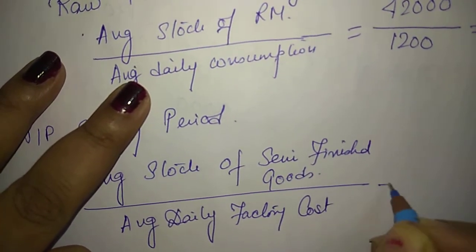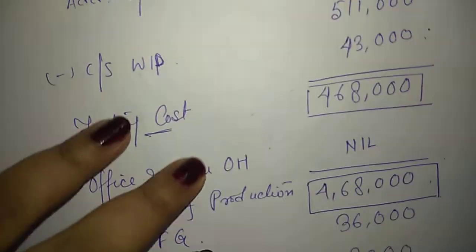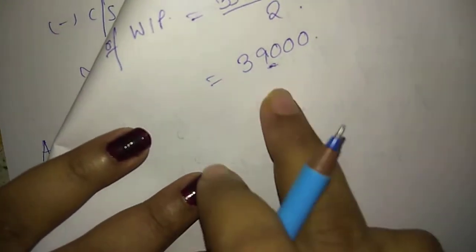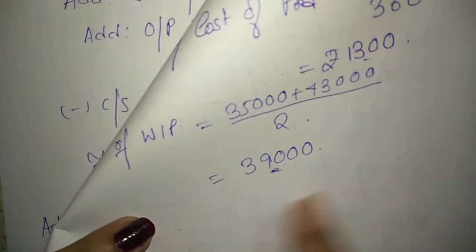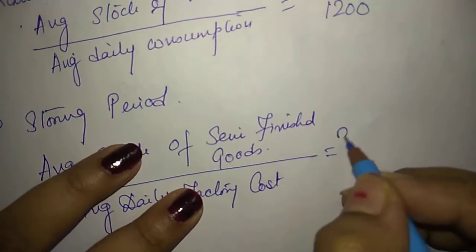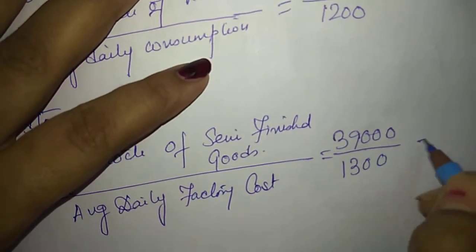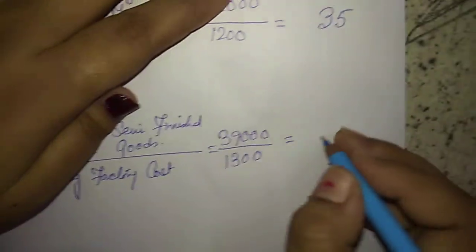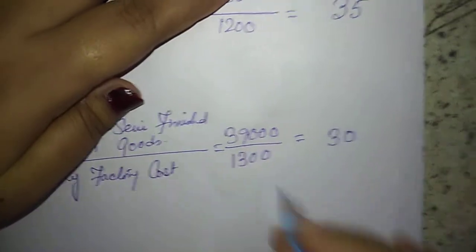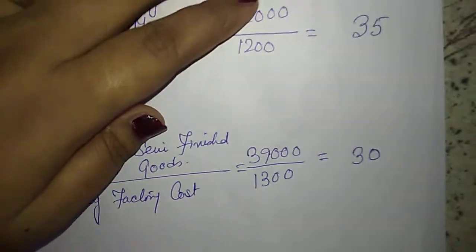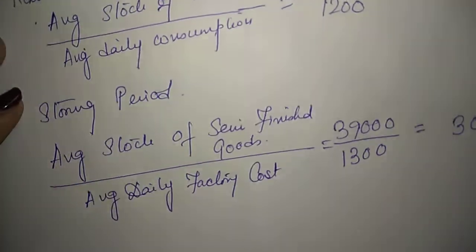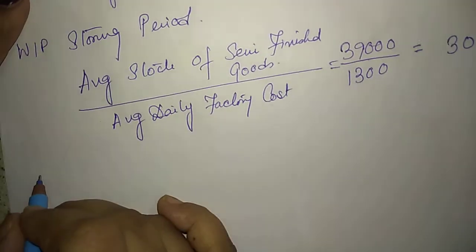Average stock of semi-finished goods means on average you will have 39,000 in your stock of semi-finished goods, and per day your factory cost is 1300. So 39,000 divided by 1300, that means your WIP is on average in stock for 30 days.